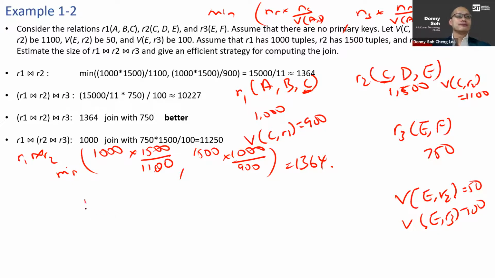The join will be based on E, and if we join here, the number of tuples here is 750 divided by 100, because the number of unique values in R3 is 100.